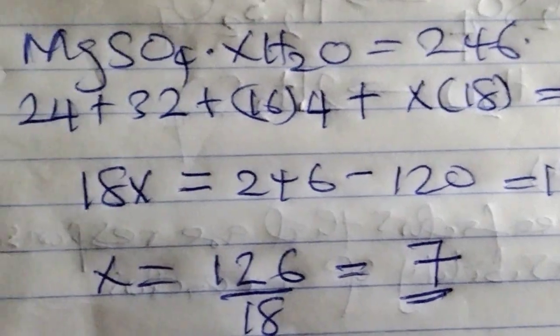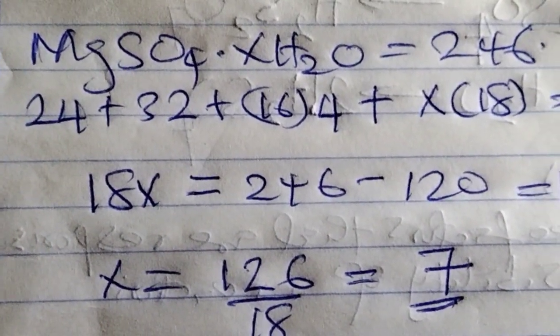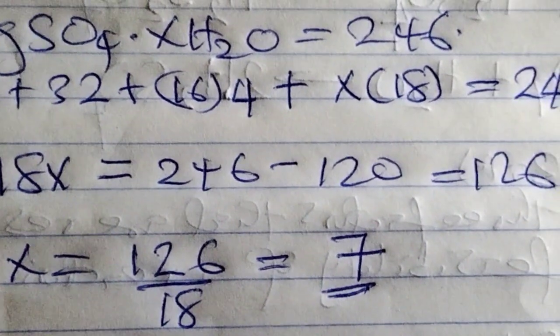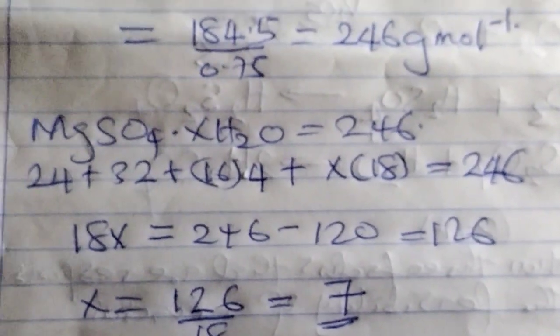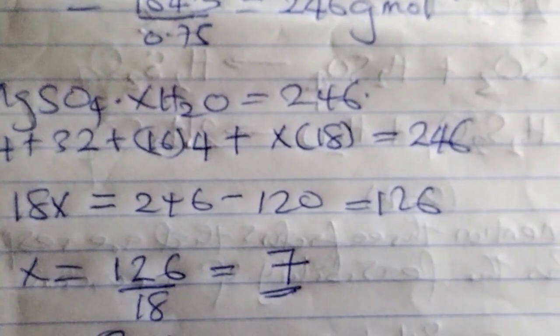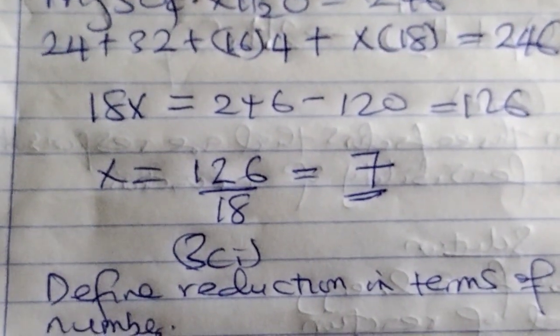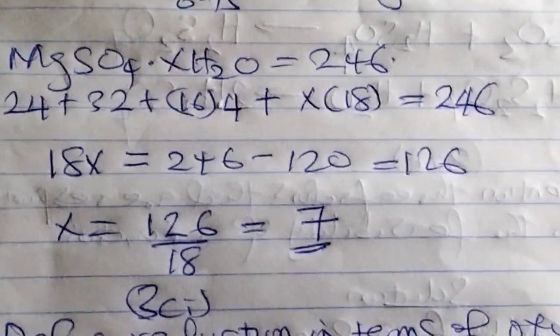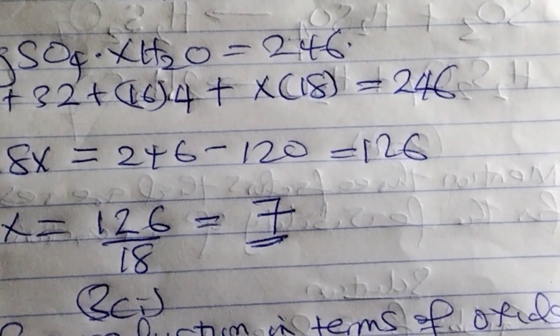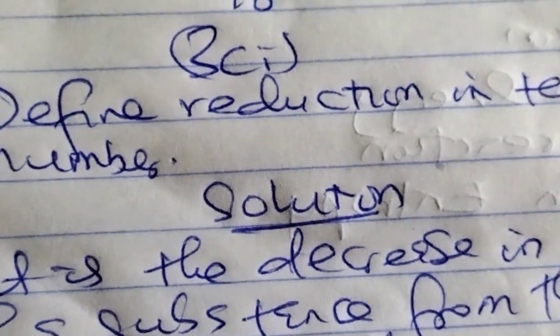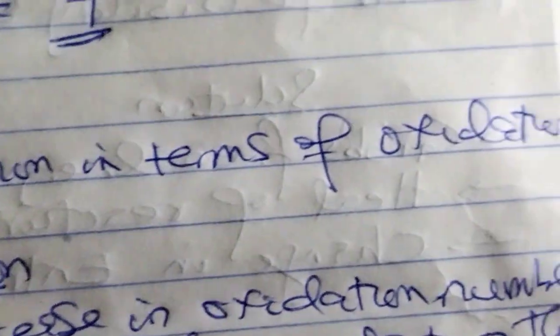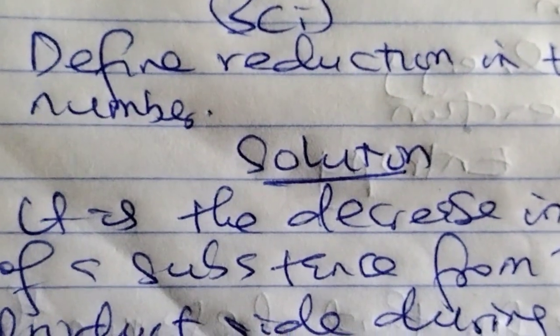The 120 is the sum of 24, 32, and then 64. So 18x equals 246 minus 120, and that will give us 126. Make x the subject. x becomes 126 over 18, and that will give us 7. So x is 7.